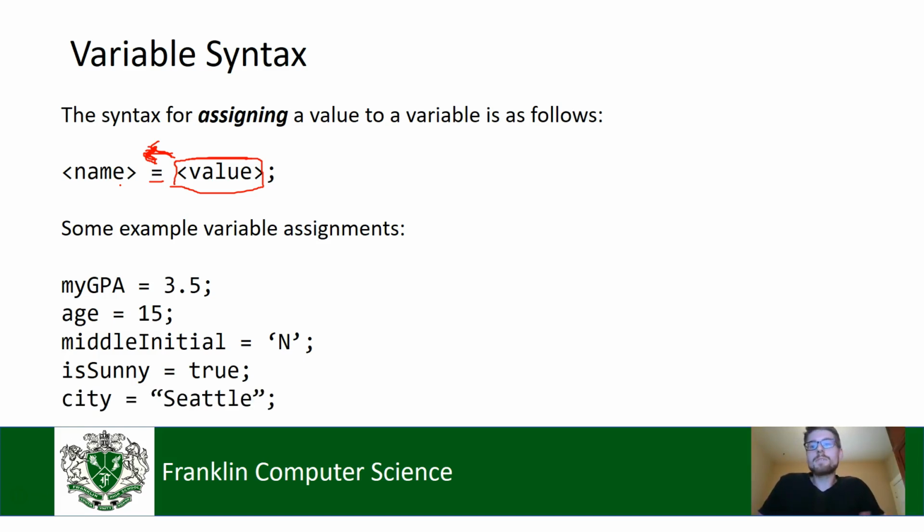City, which was a string, could be Seattle in double quotes. So over here on the right, we have all these literal values, and on the left, we have names. These are getting stored into those variables on the left. That's how we assign values.